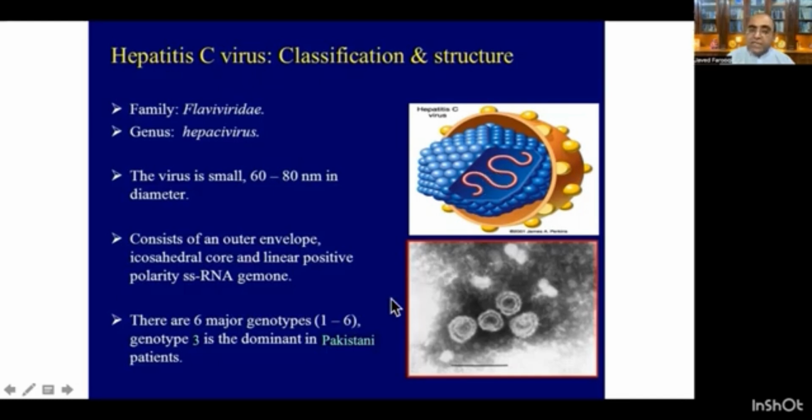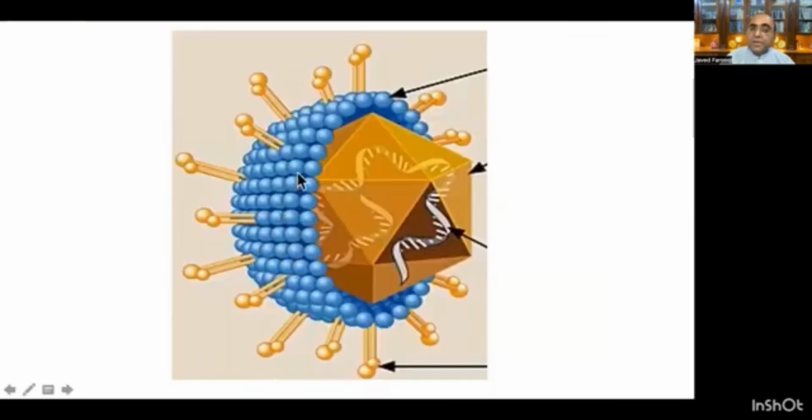We know that there are 6 major types of the hepatitis C virus, and here in Pakistan, genotype 3 is the most dominant one. The structure of the hepatitis C virus is simple. It consists of the envelope, the outer coating, and the nucleocapsid.